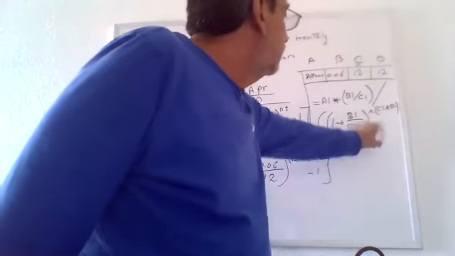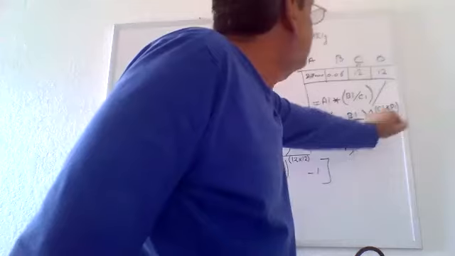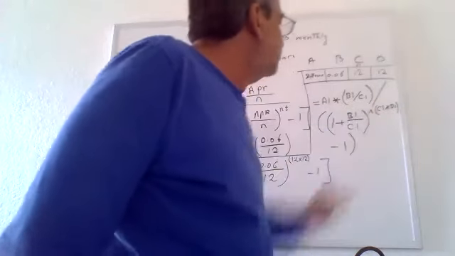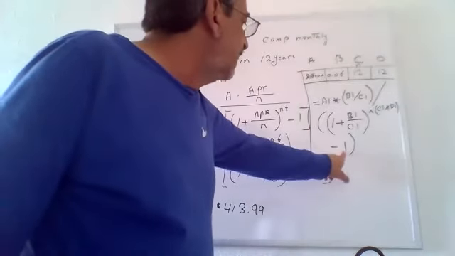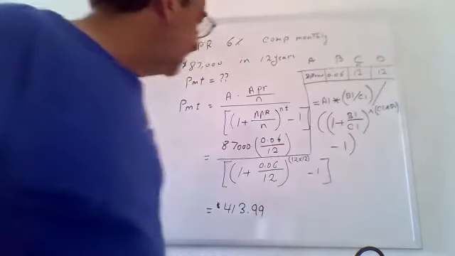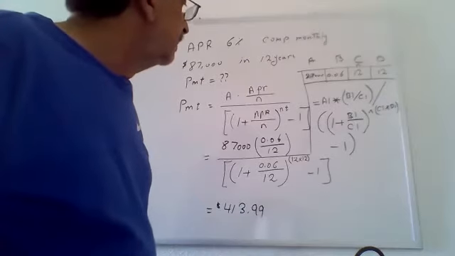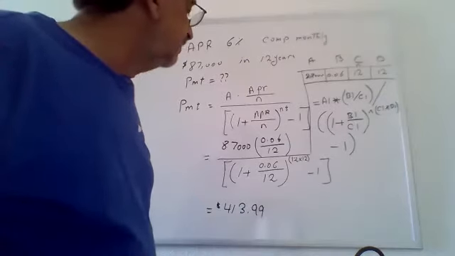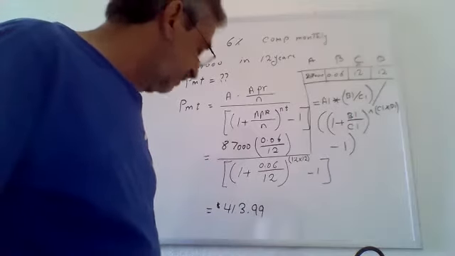Got it. And then parentheses, again, C1 times D1, close parentheses, and then minus 1, close parentheses again, and hit enter. Okay, I got 41.39897.